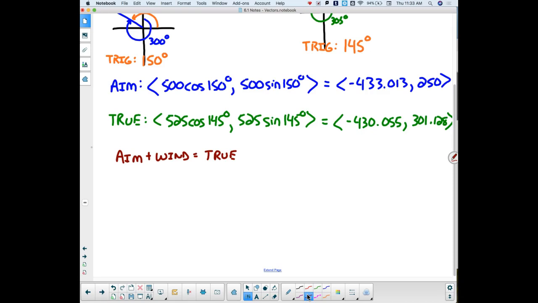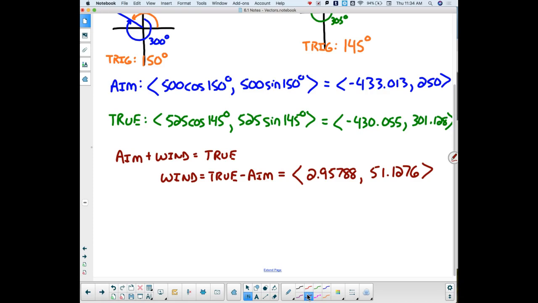So true minus aim gives me my wind. So true minus aim is 2.95788 and 51.1276.